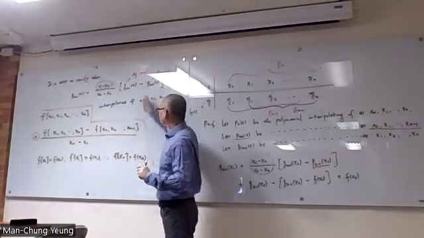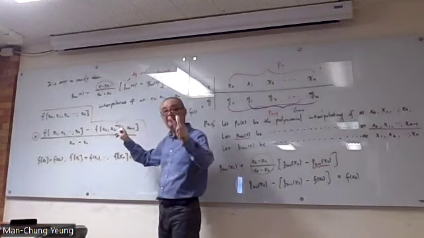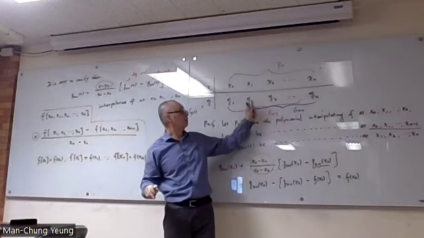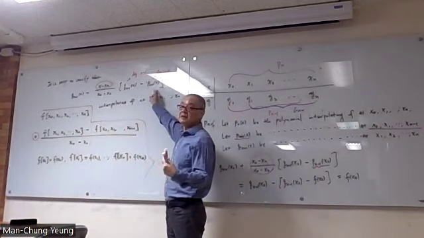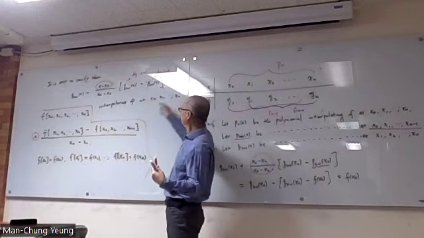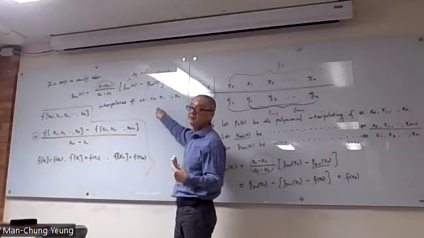Very similarly, this polynomial at x1 is the function value y1, and so on. So this polynomial interpolates the function f at these points.